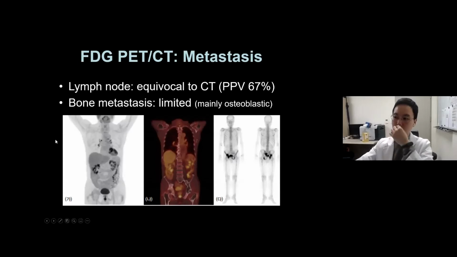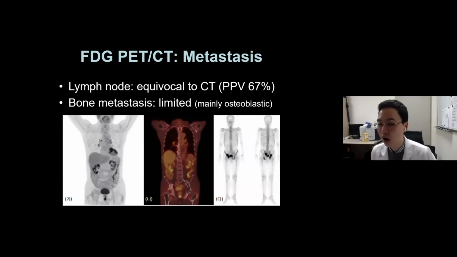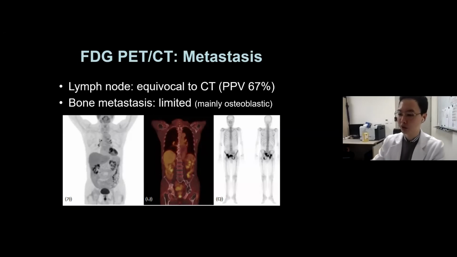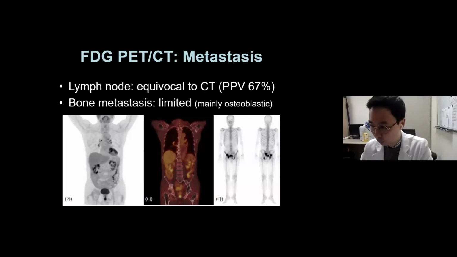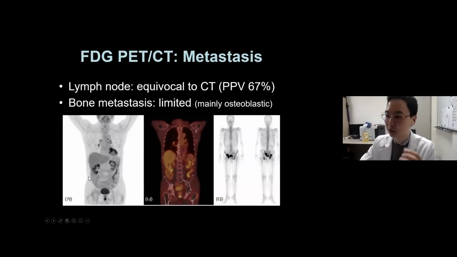For lymph node metastasis, it has been reported to have an equivocal performance compared to CT. However, for bone metastasis evaluation, it is reported to have limited performance because bone metastases of prostate cancer are mainly osteoblastic.